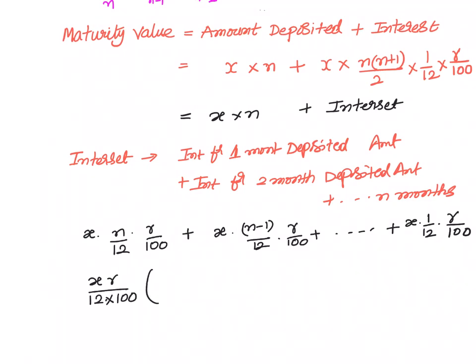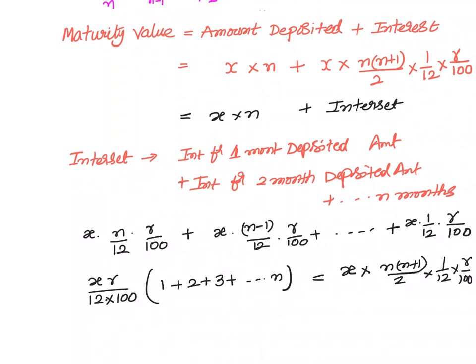Then what is left out is 1 plus 2 plus 3 up to n values. And we know sigma n equal to n into n plus 1 by 2. So that's how we got X into n into n plus 1 by 2 into 1 by 12 into R by 100.